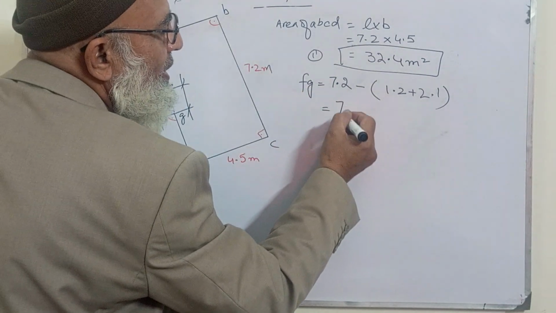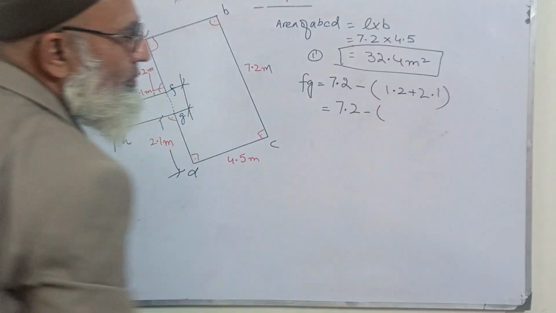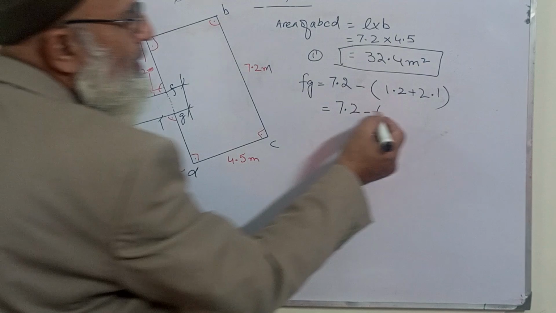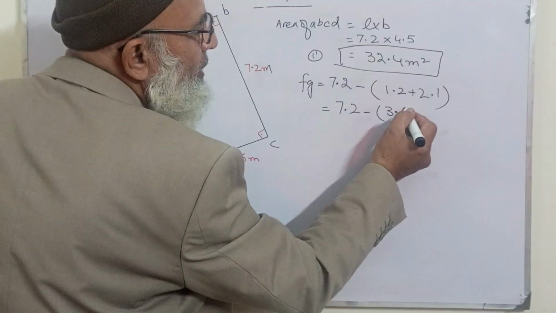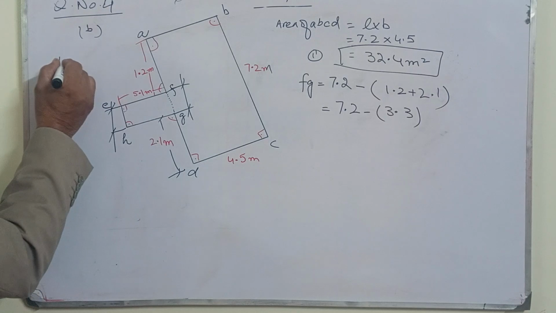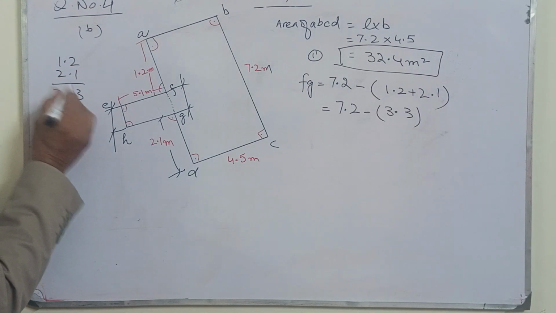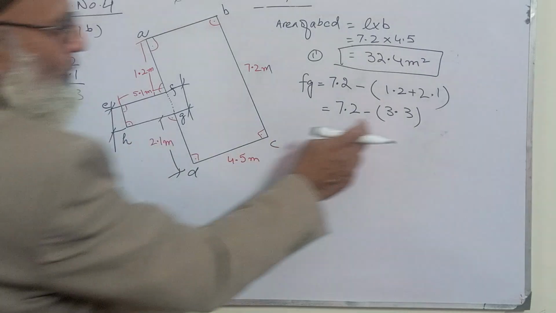What happens here? 7.2 minus 3.3, since 1.2 plus 2.1 is 3.3.